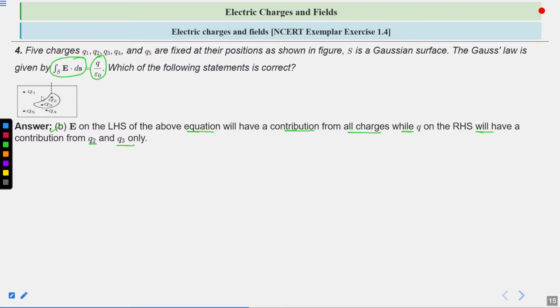So according to Gauss theorem, the total charge enclosed by the closed surface divided by epsilon naught is equal to the total flux.